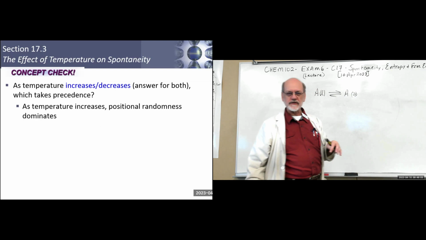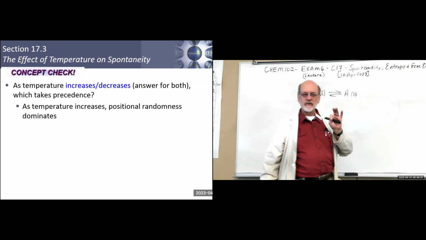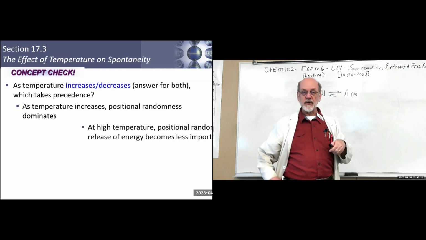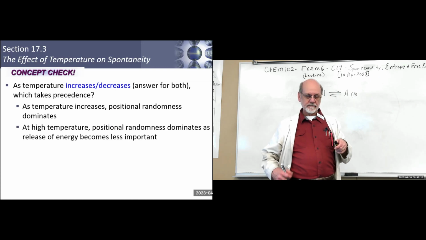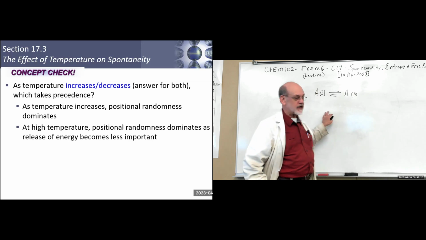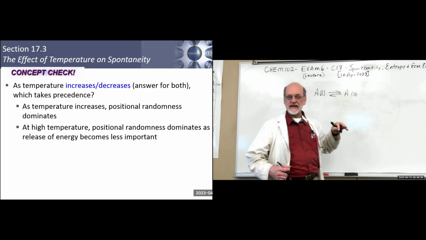As the temperature increases, the positions that are occupied, the possible microstates, dominate the process. So at high temperature, the positional randomness would dominate because the energy is so high, and the energy change becomes less important.